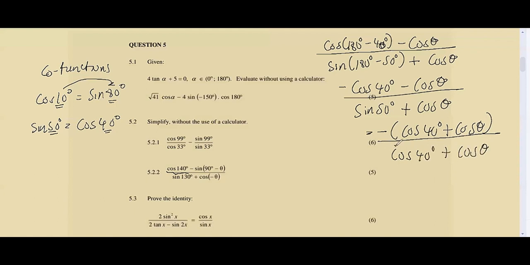Now, what do you see in the numerator and denominator? We can see that now this is the same thing. So we can just divide that out, and we are left with -1. So that's how you were supposed to tackle that one. Okay. Let's proceed.